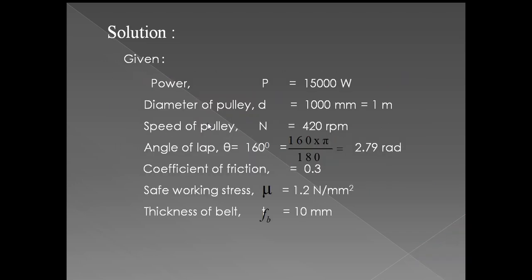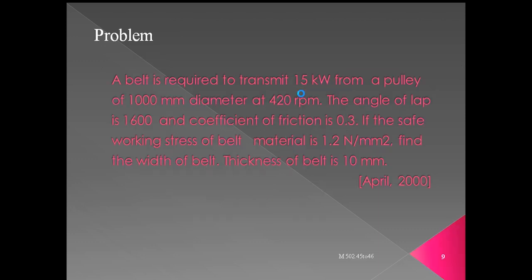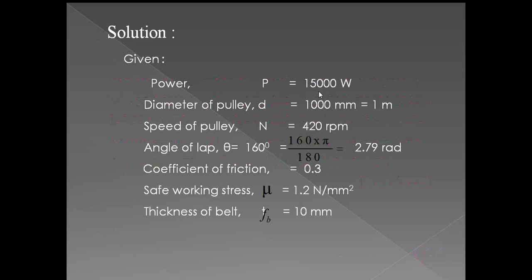So here power equal to 15,000 watts. Diameter of the pulley is 1000 mm, that is 1 meter, and speed of pulley N is 420 rpm. First, angle of contact theta is equal to 160 degrees. We need to convert the degrees into radians.